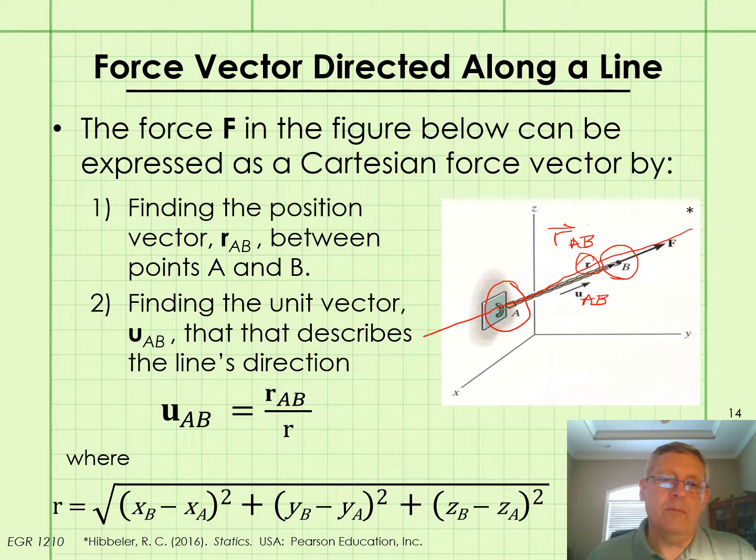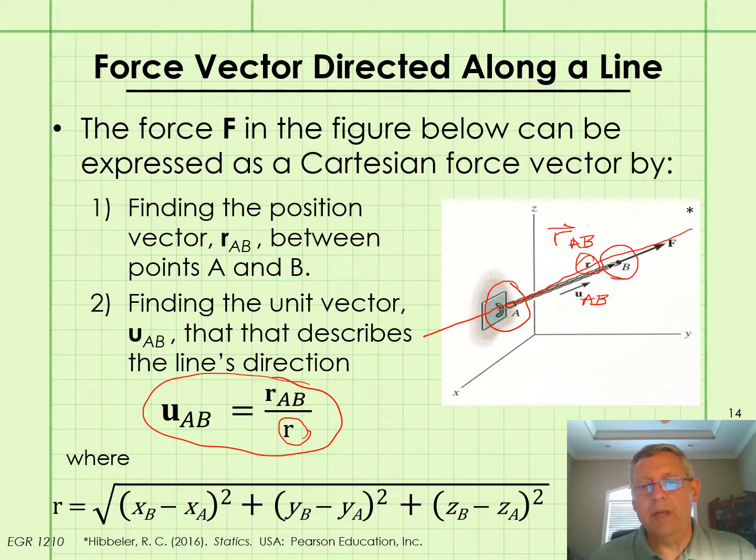And we can express that unit vector by this equation here, where that unit vector in the direction of AB equals the position vector from A to B with the position vector's magnitude divided out of it.